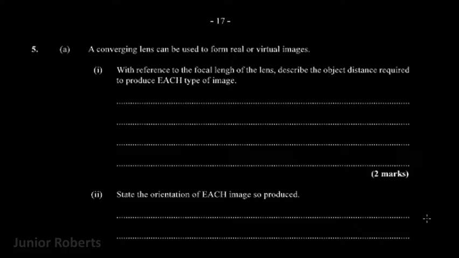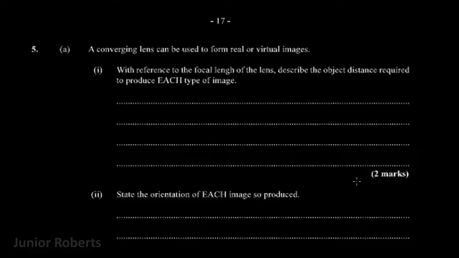Question 5, part A says that a converging lens can be used to form real or virtual images. Part I asks us, with reference to the focal length of the lens, to describe the object distance required to produce each type of image. I'm going to start out with the real image.